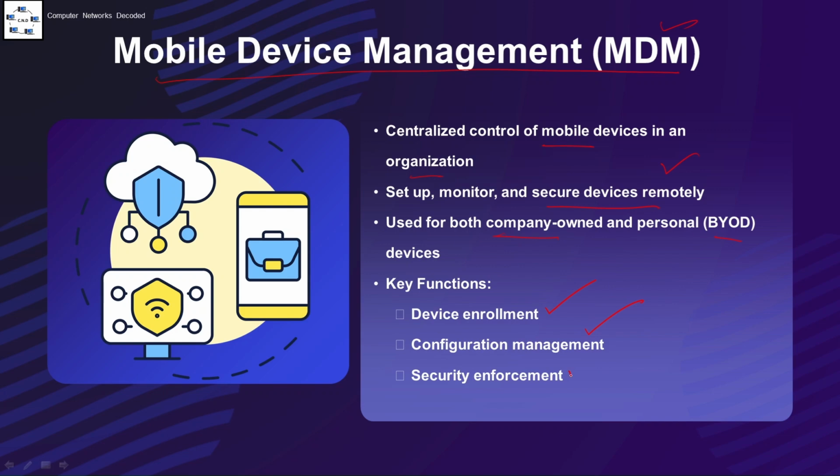You can enforce different security policies such as password complexity, screen lock, etc. Application distribution means that you can also check on these devices to allow or ban specific applications from those mobile devices, such as disabling the installation of, let's suppose, the Facebook application on these company-owned mobile devices through this MDM.